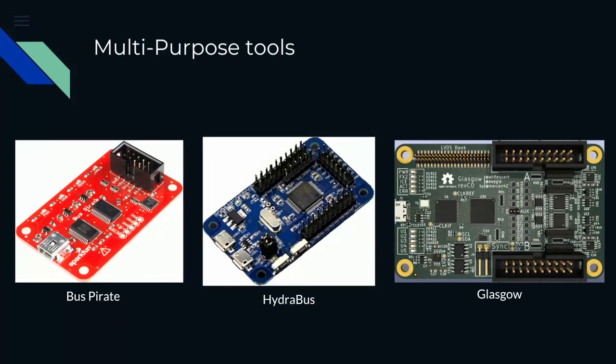And here are other boards, HydraBus. It's more or less recent, and it has a much more capable IC on it, and so it allows you to perform other kinds of attacks.